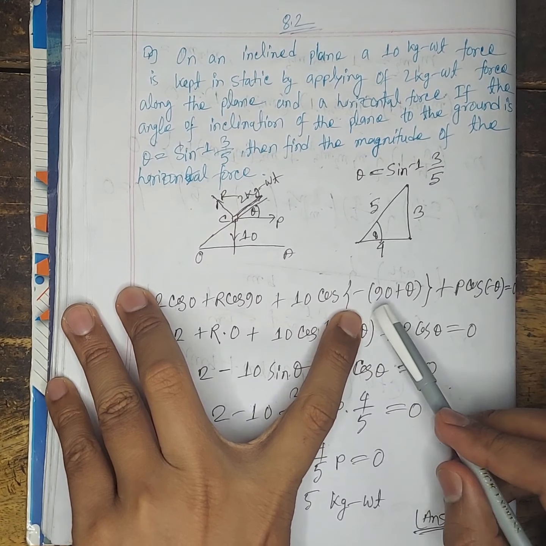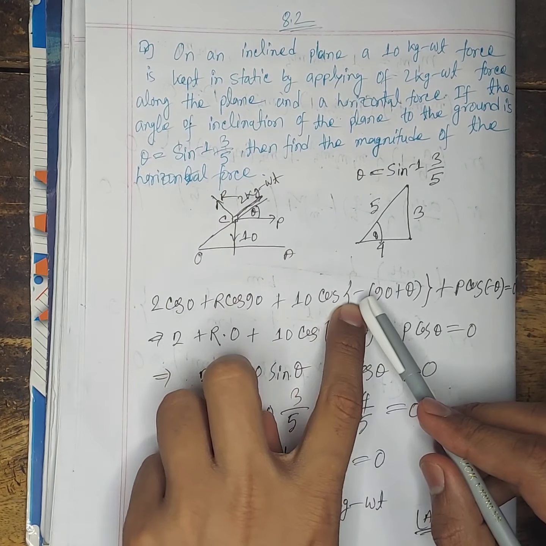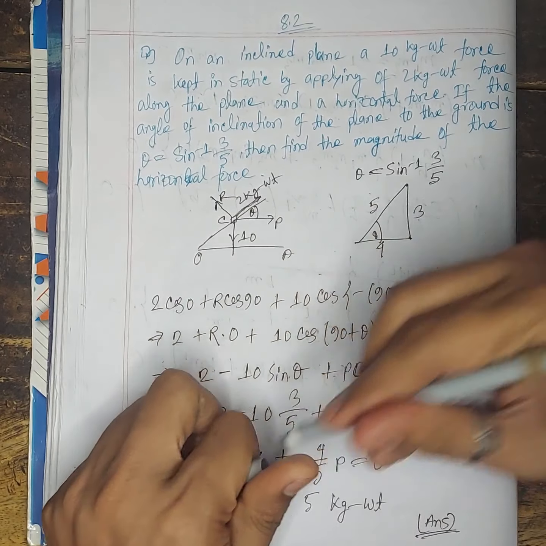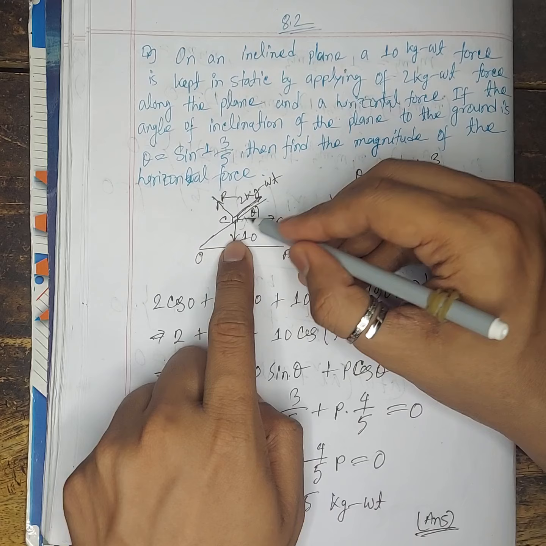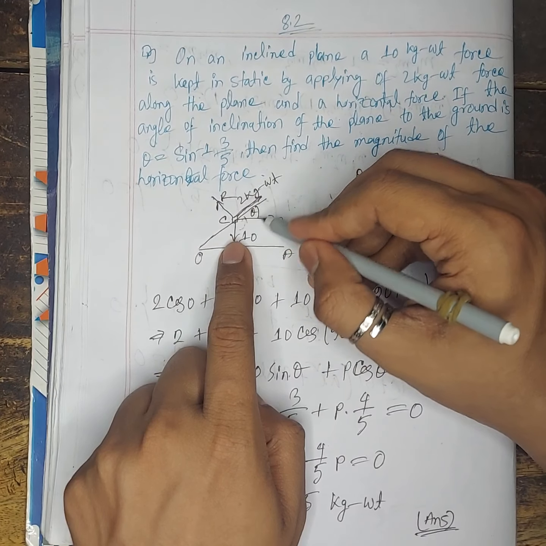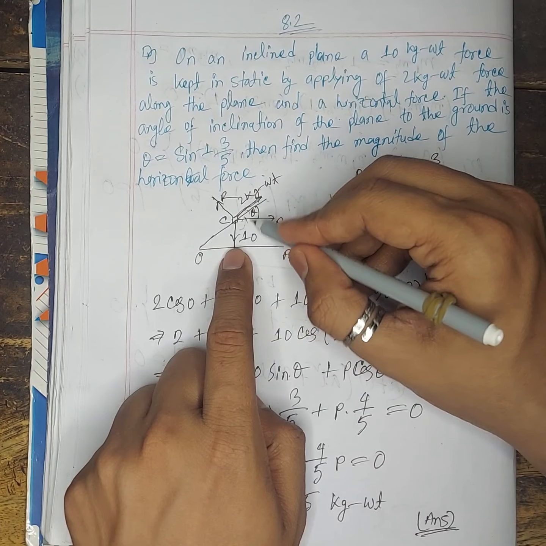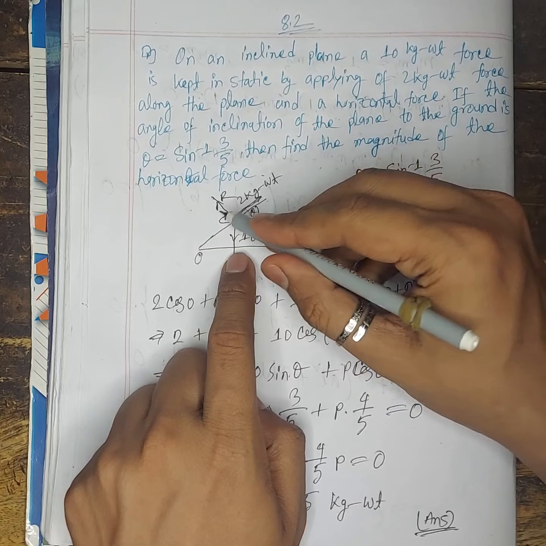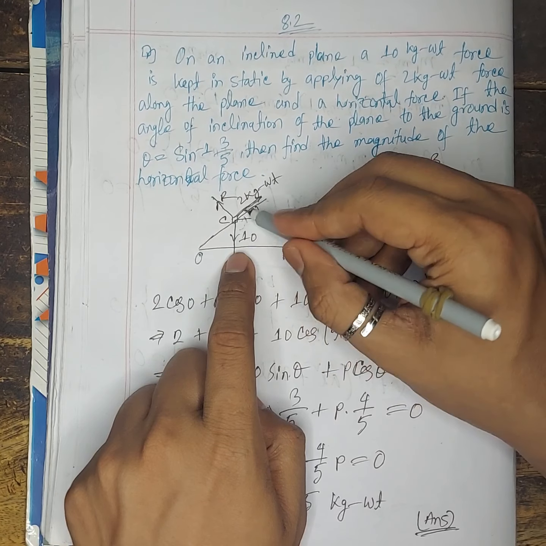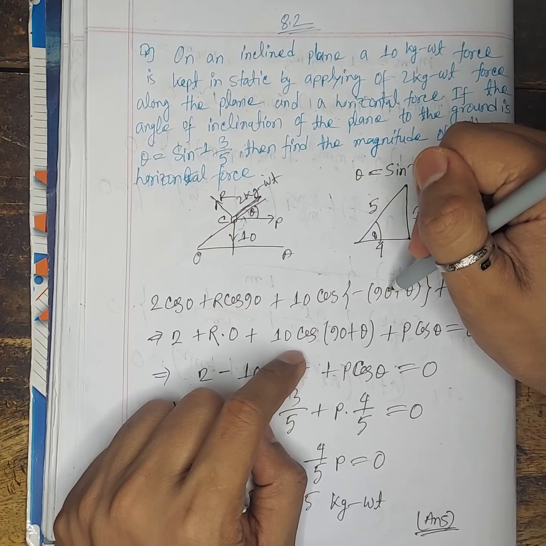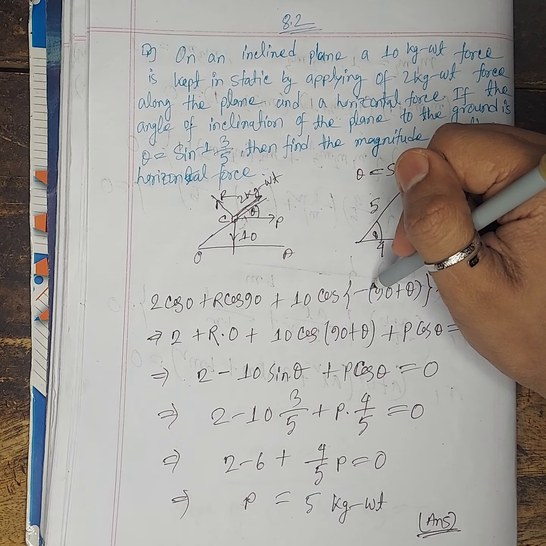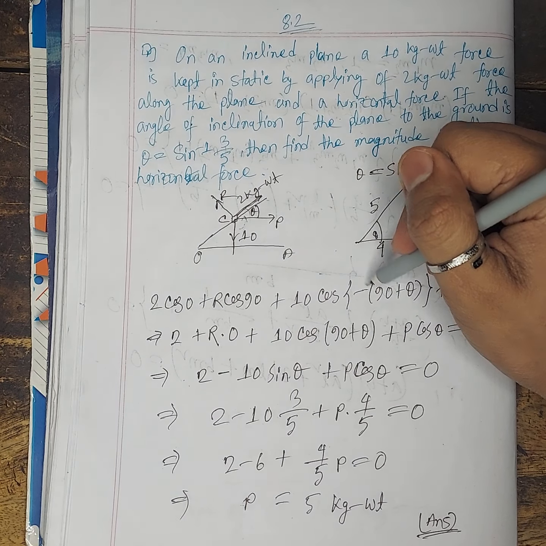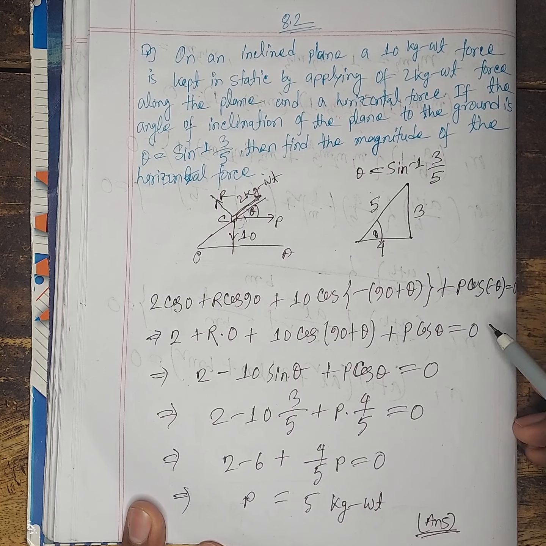Here we bring a minus sign because we have to take the angle from this direction, 90 degrees plus theta, so that's why we take minus sign here, minus (90 plus theta). And P cos minus theta.